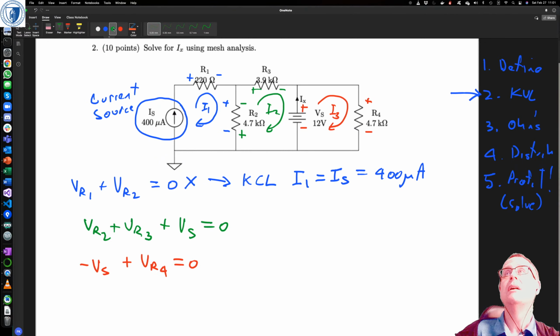Okay. Can somebody else from that group do the next step? So we've done the KVL equations. Can somebody else do the Ohm's law substitutions so that we get the equations in terms of the currents? We've already got the first one. That was a freebie because there was only one mesh current going through a current source. Somebody talk me through this one?